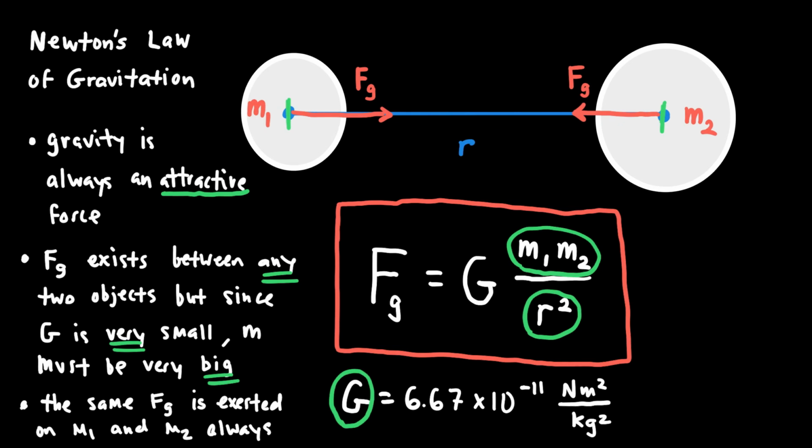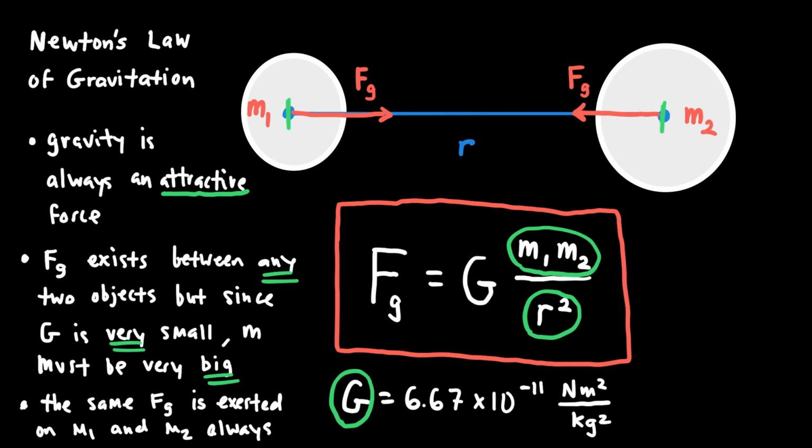In order to overcome this constant, which has such a tiny value, one of those masses or both of those masses has to be very big in order to calculate some force of gravity that would be measurable. So between two people on the surface of Earth, two objects that are 70 kilograms maybe, the force of gravity is tiny. But between one of those people and the Earth, which has a much larger mass, the force of gravity is appreciable.